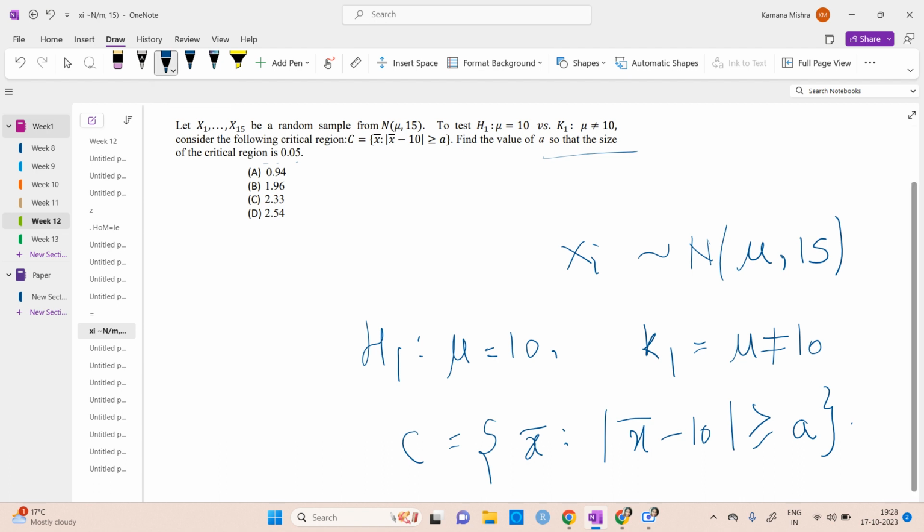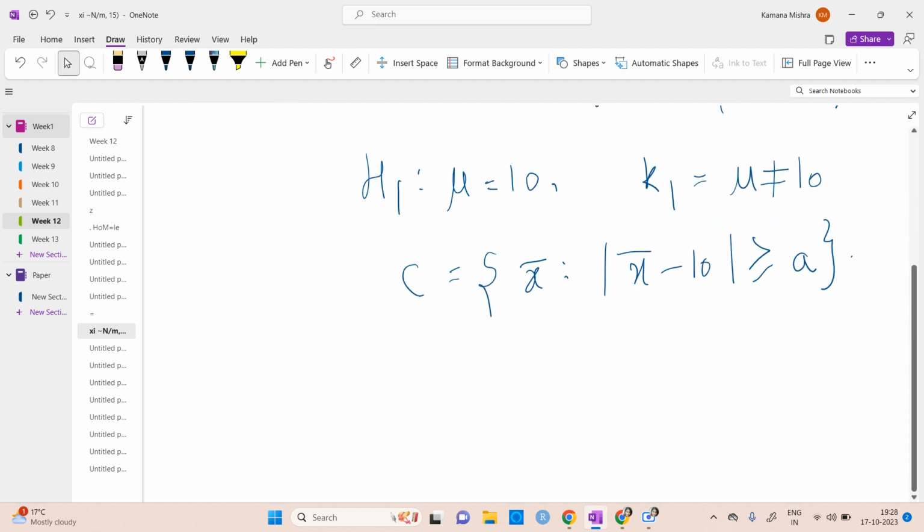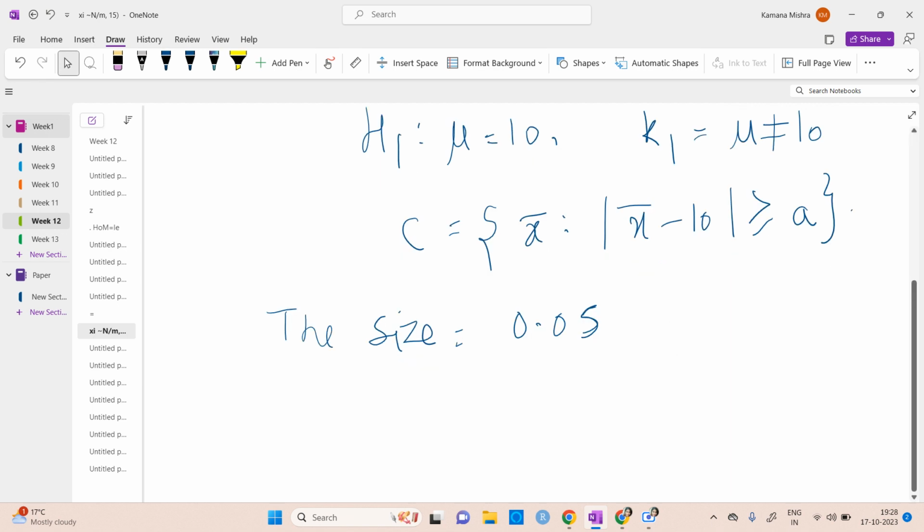Then we need to find the value of A so that the size of the critical region is 0.05. So the size is equal to 0.05.